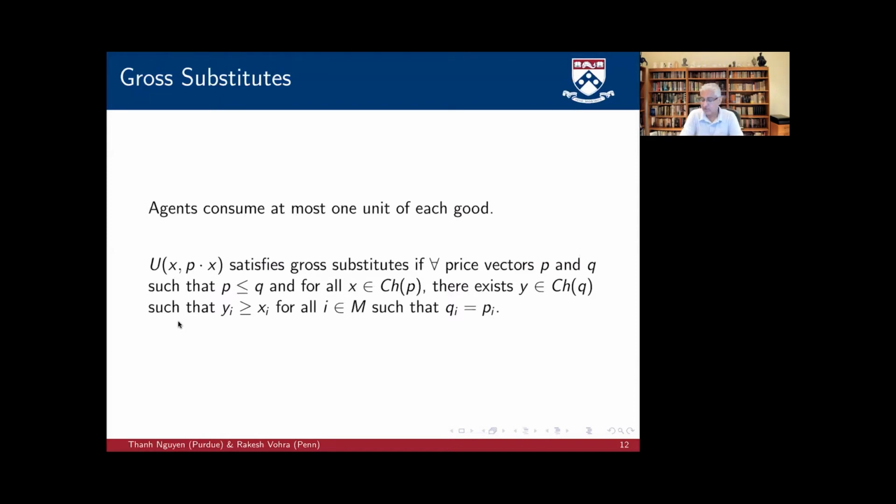Then at the new price vector, there must exist a utility maximizing bundle with the following property: it contains every good that lived in X whose price did not change. So gross substitutes basically means that if I raise the price of something, the only thing I can do is either not change my consumption or drop that good, and put some other good that I previously wasn't consuming in my bundle.